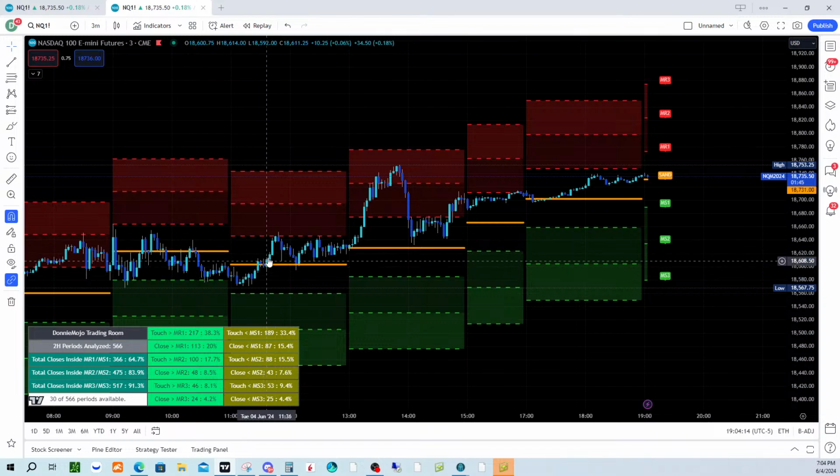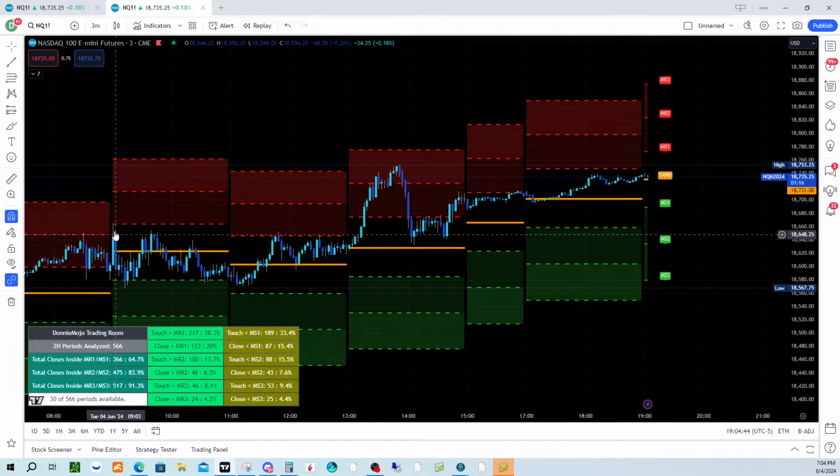So you'll see a lot of times there's a lot of reaction around the line in the sand. You'll see it bounce above it and then come back and test it, go below it, come back and test it again. Then it breaks above it and comes back and tests it. And a lot of times you'll see it go back and test one of the zones.